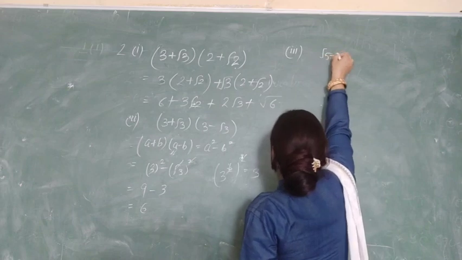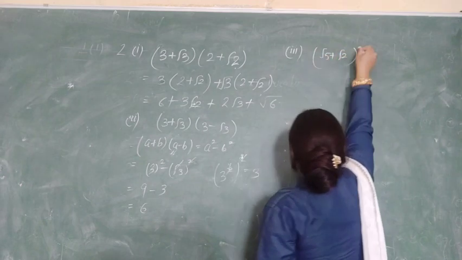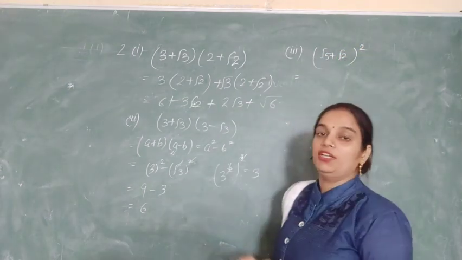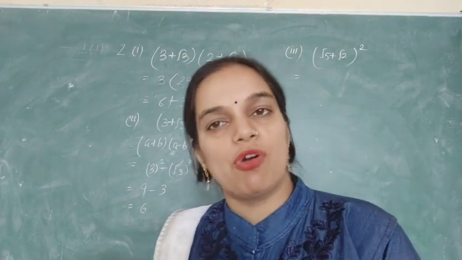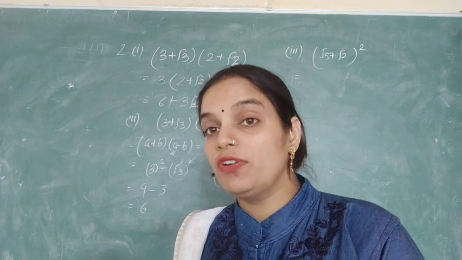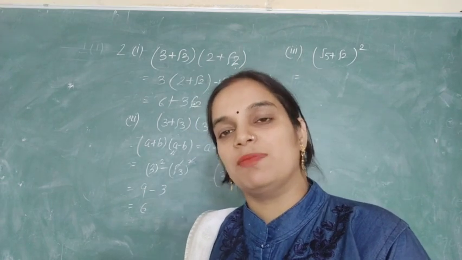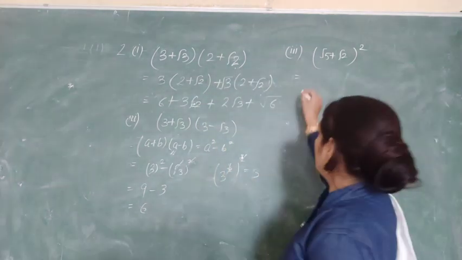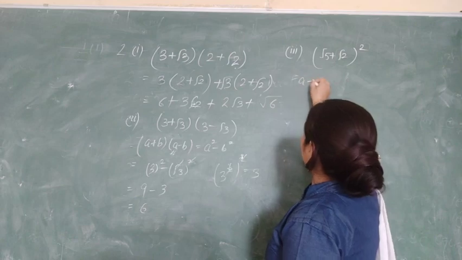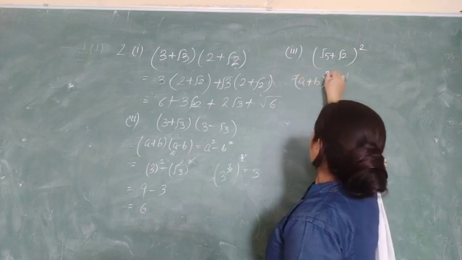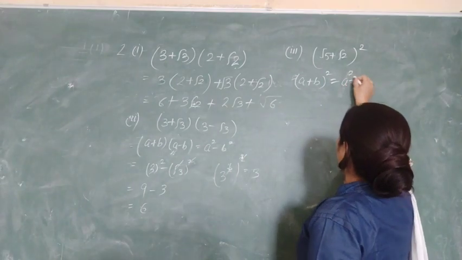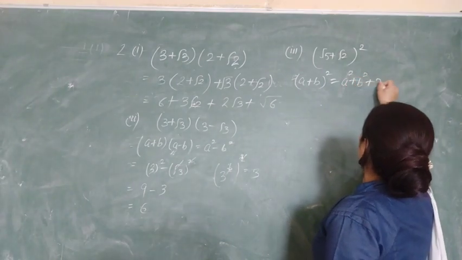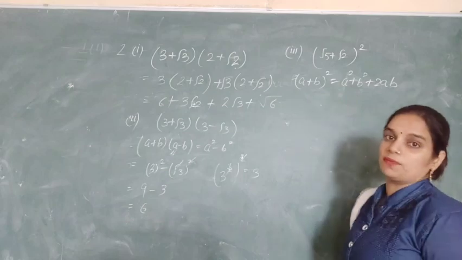Root 5 plus root 2 whole square. Here we will use our identity a plus b whole square, that will be equal to a square plus b square plus 2ab. I am writing here the identity a plus b whole square, that will be equal to a square plus b square plus 2ab.